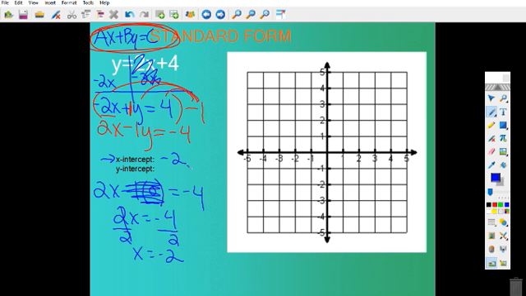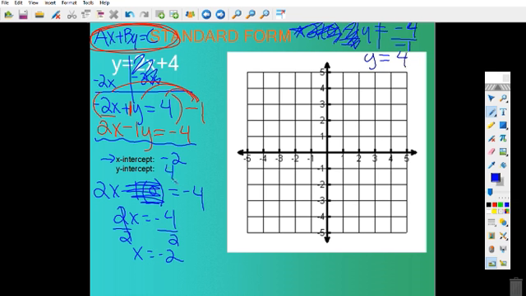Then we need to solve for y. Okay, I ran out of room, so I'm going to do it up here. Okay. This time, I'm going to use this, remember? And I'm going to plug in 0 for x. So I get 2 times 0 minus 1y equals -4. Those go away. Oh, -4, sorry. Divide by -1. Y equals +4.